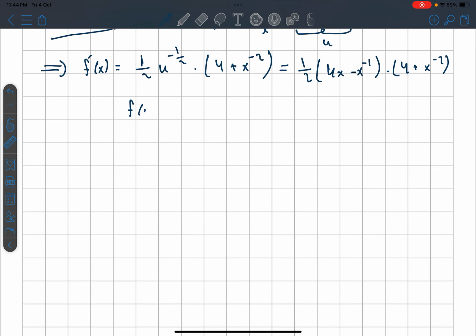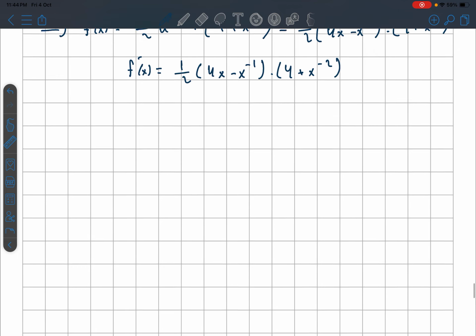So the last result, f prime x, will be 4 plus x power of negative 2, and this is the last result.